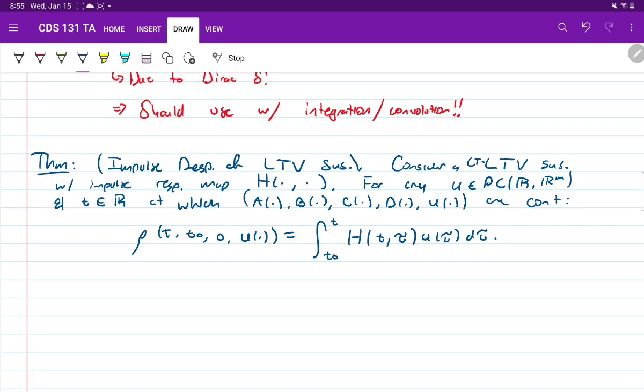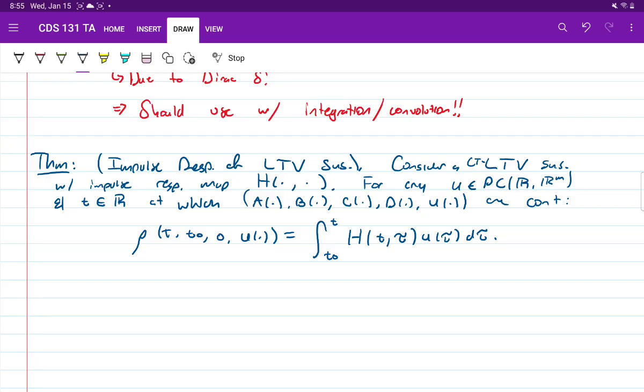Now, if you want to go ahead and verify that this thing follows the same rule of translating sum to integral as we go from discrete to continuous time, you can. Notice that this formula looks almost identical to the discrete time case, other than the presence of this integral instead of a sum.